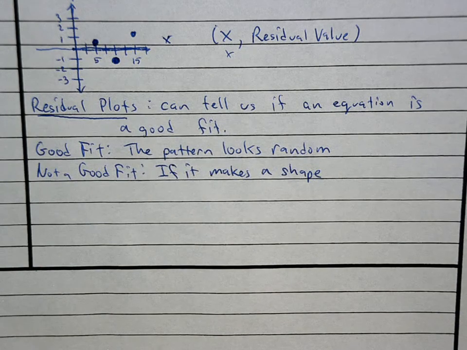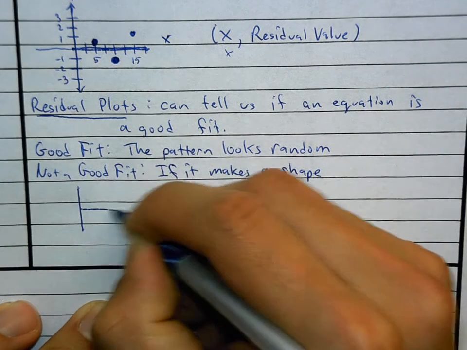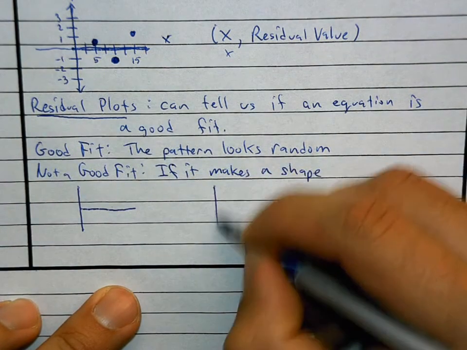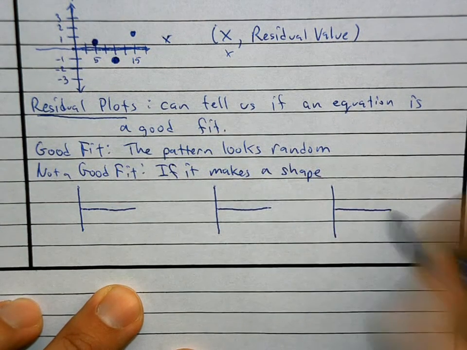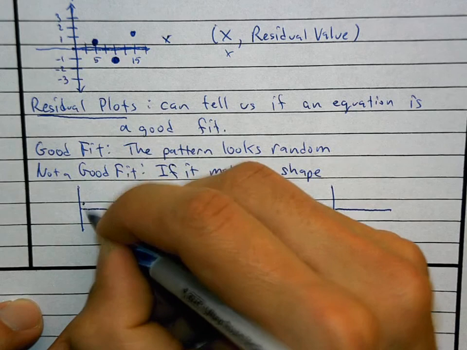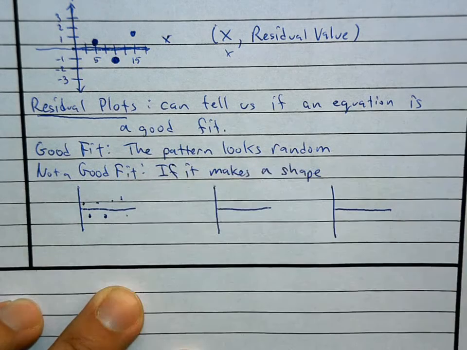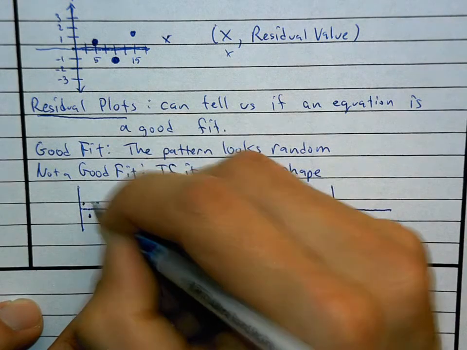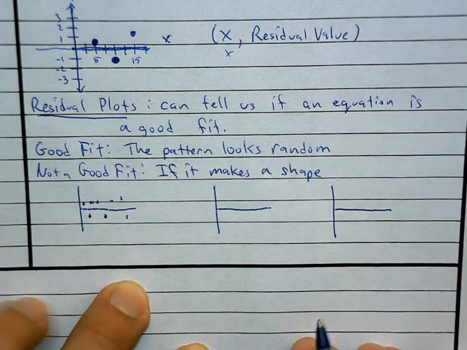So sometimes you're going to be getting these residual plots and you're going to have to make a decision. I'm going to give you 3 examples and then we'll be done. And these are very easy to do. Here's my first residual example. Here's my second residual example. Here's my third residual example. You might end up getting a graph that looks like this. You might get a graph that looks like this.